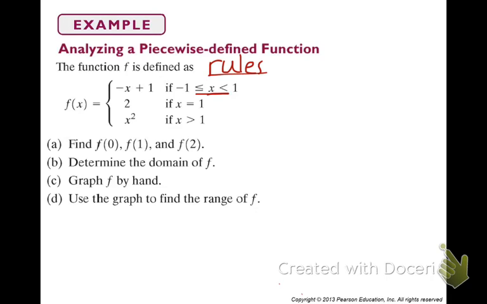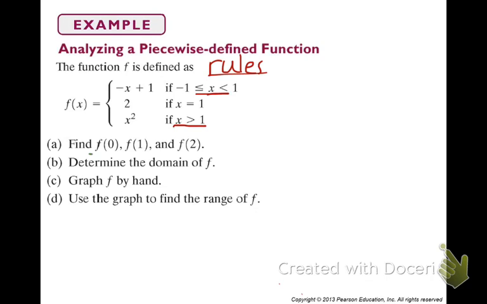Talk about being limited, right? That's only going to be a point. And then look at your last one. What are they limiting us to? x is greater than 1. So we're limited on one end, but the other end is what? Unlimited, infinity.